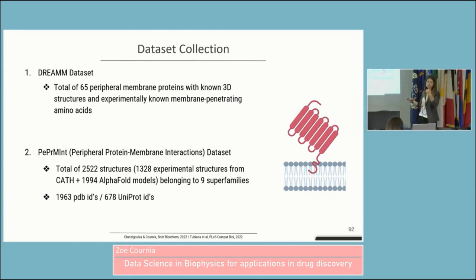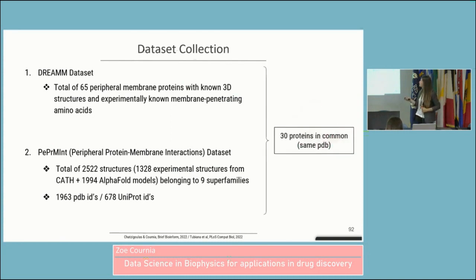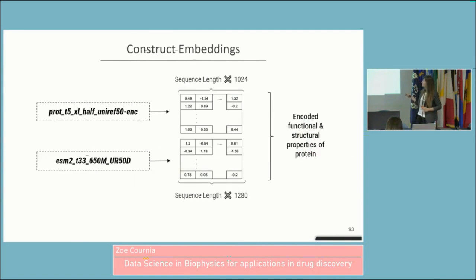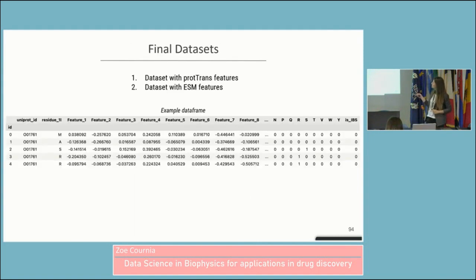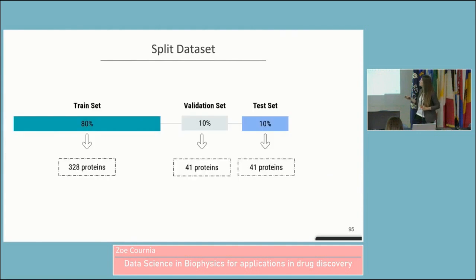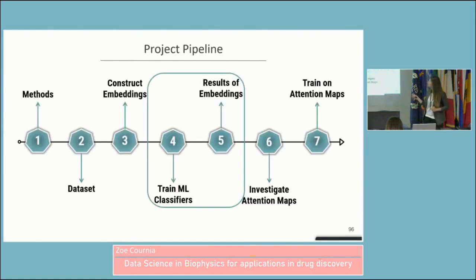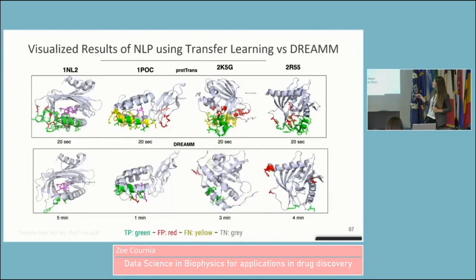So we could use this deep learning approach for these two different data sets. We constructed the embeddings. This is the final data set, labeling amino acids as membrane penetrating and non-membrane penetrating, splitting again the data set, and finally training and the results.